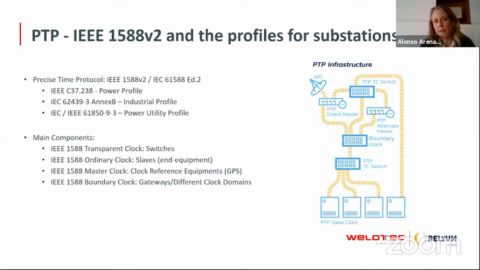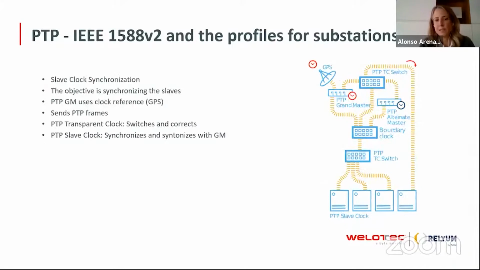And we have also boundary clocks, that is the mechanism that defines how to implement gateway functionality between different clock domains. So now, just a quick overview of how synchronization is implemented, how a slave clock has to synchronize with this protocol. On one side, we have the grandmaster device that gets the GPS reference from the receiver, and it transmits a PTP supervision frame to the network.